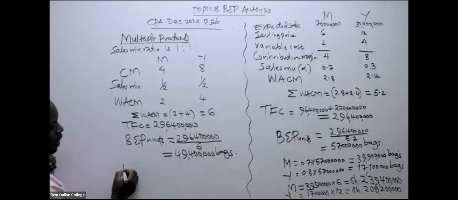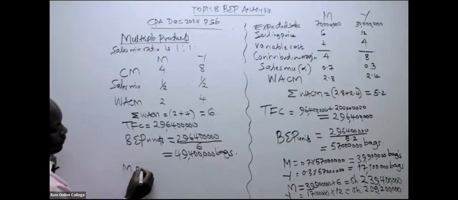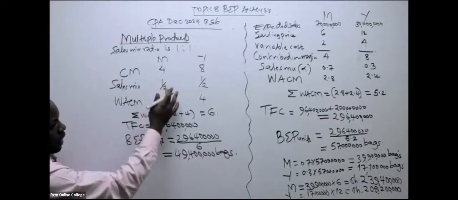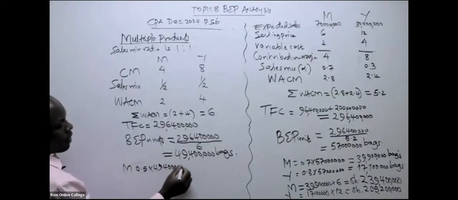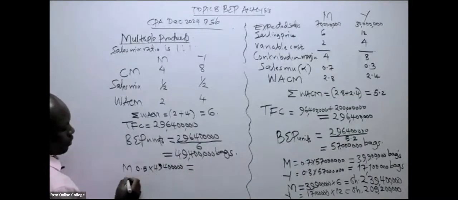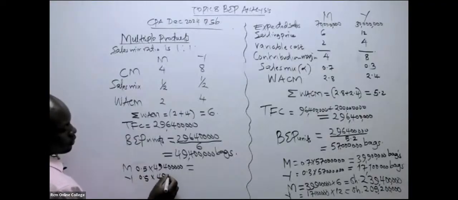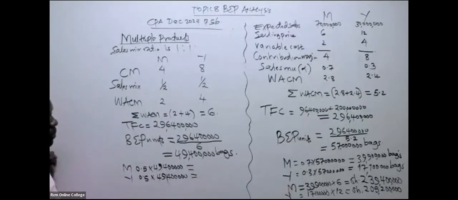So for product M, it will be half, or 0.5, of 49,400,000 bags. What will we have? Product Y, 0.5 of 49,400,000. Product M, 24,700,000.